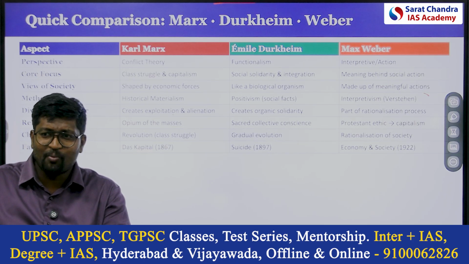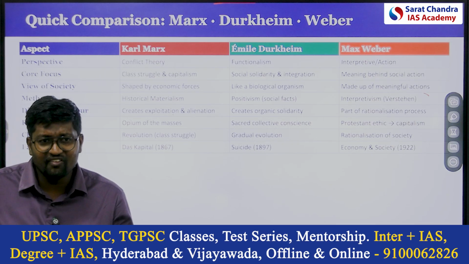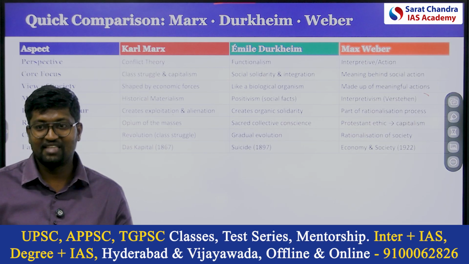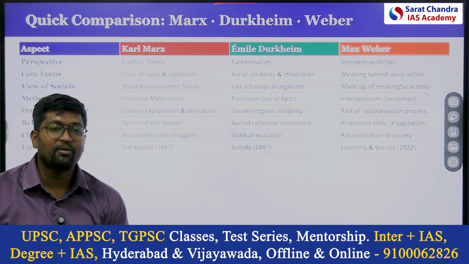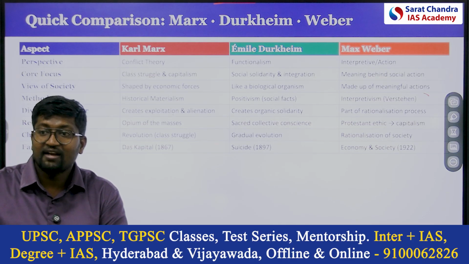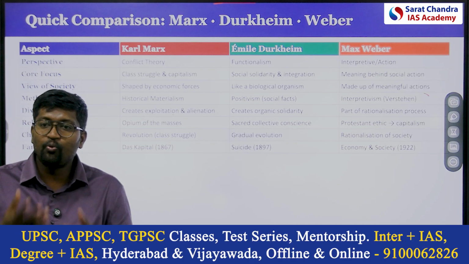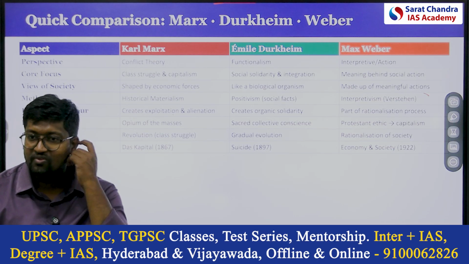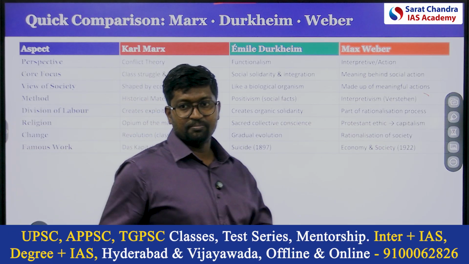If religion is promoting this, will people develop revolution, thinking my money is being exploited by the owner? That is what I am trying to say. Religion is acting as an opium of the masses, and because of religion, class consciousness is not developed. When you don't develop class consciousness, who will revolt against the industrialist? Now you understood my point, the perspective of religion.